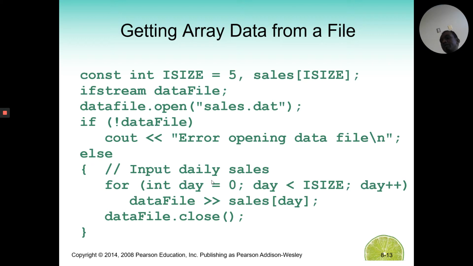Else, input daily cells, and this is populating. And this is what I was talking about: you need to declare that variable day. So you say int day equal to 0, day less than whatever the size is, or you can say less than 5 if you put 5 in there, then day++ to increment it. And then at the end, you have to make sure that you close the file with dataFile.close so that there isn't any data leak.